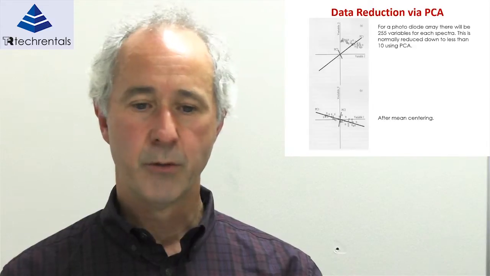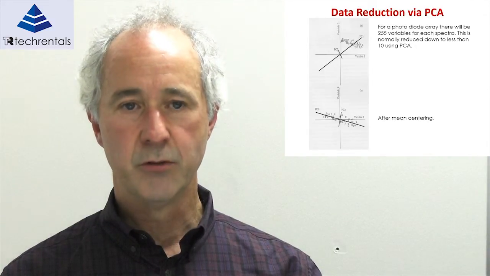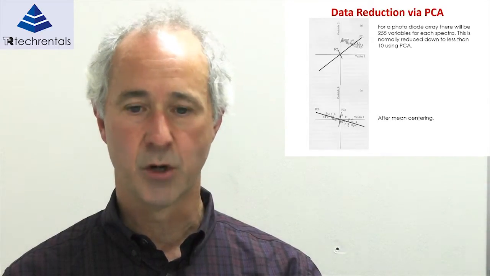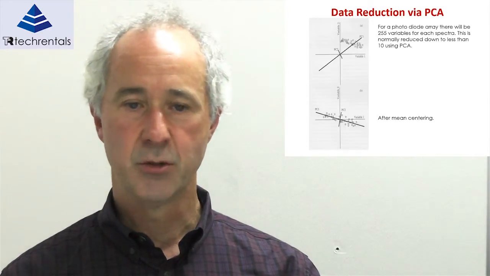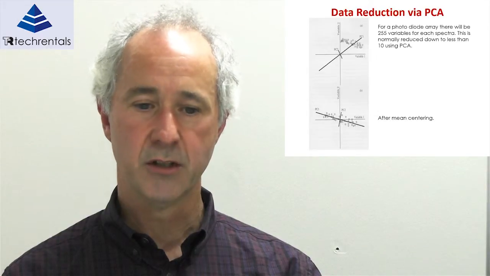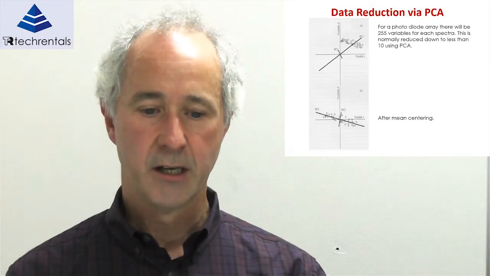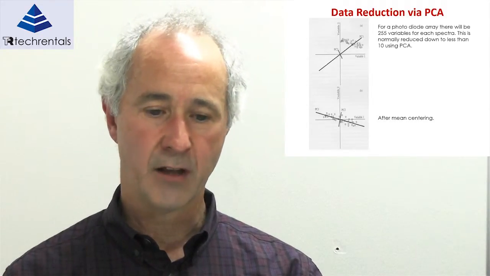So I mentioned previously that the first part of the principal component analysis, or PLS as well, is that we need to reduce the variables down to a manageable set of variables. And here's a simple example of how that can be done.